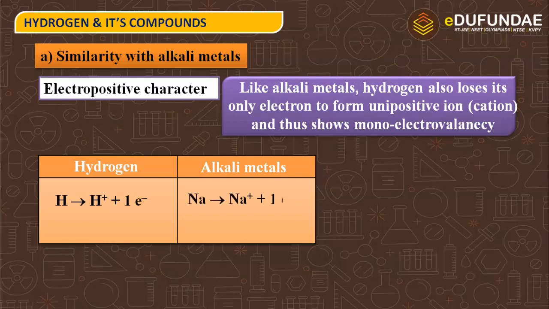And what about alkali metals? Yes, sodium. Sodium जब electron lose करेगा, then it will give Na+ ion. And here is potassium, and potassium also loses one electron to give K+ ion. And these all are losing one electron to give unipositive ion or cation.